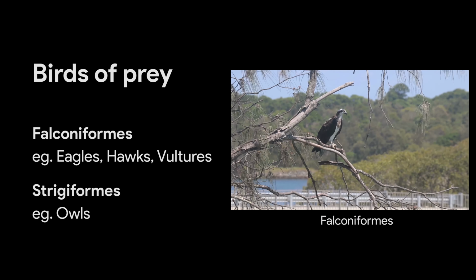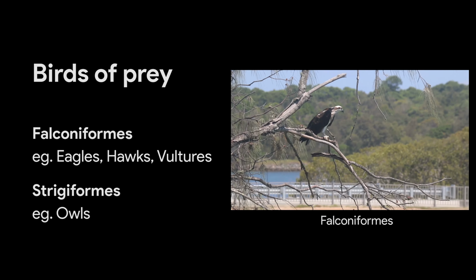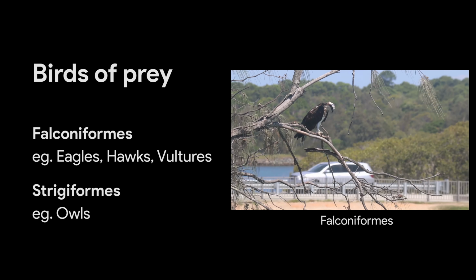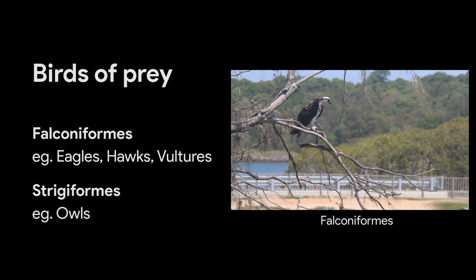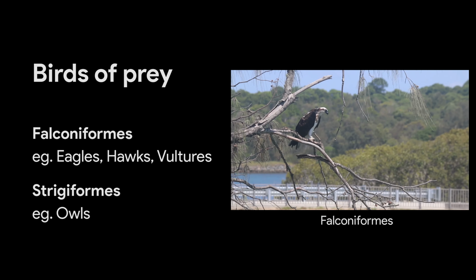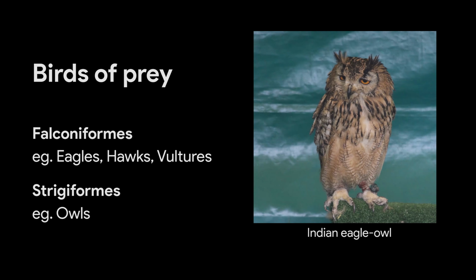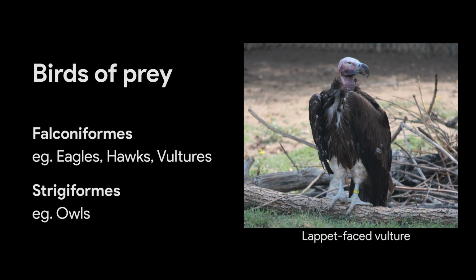Birds of prey come from two different taxonomic or scientific orders. The falconiforms include eagles, hawks, and vultures. The other order is the strigiforms, which includes the owls.